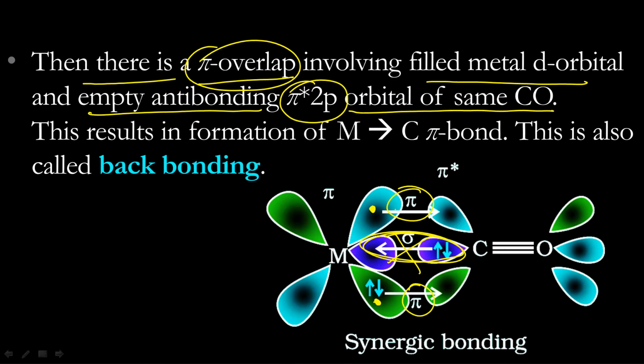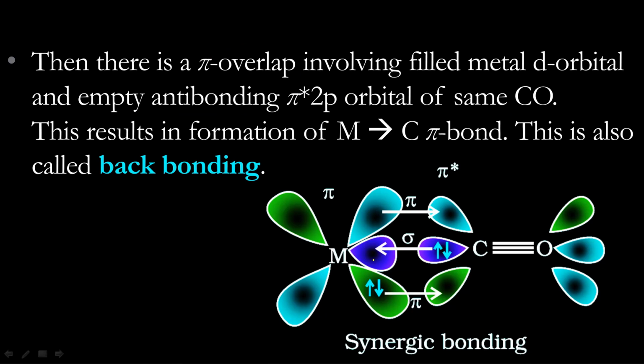Because it is giving these 2 electrons back, the carbon first helped the metal to have a coordinate bond. Then the metal helped back the carbon to form the pi bond. So the sigma bond was formed by carbon, and the sigma bond is formed first.